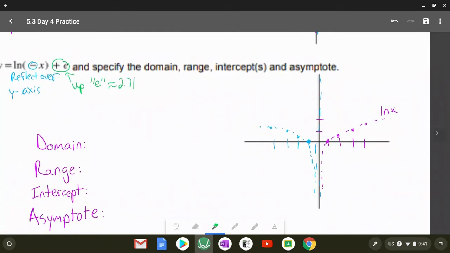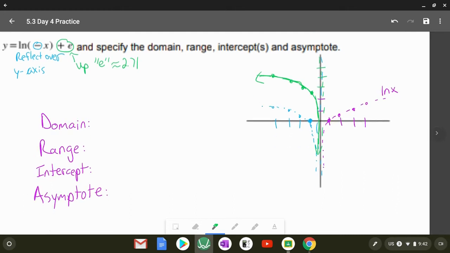So I'm going to take each coordinate here and go up 2.71. And again, for these, since we're graphing by transformation, just do the best you can. It's not going to be a precise graph because we're dealing with some interesting numbers, but get it as close as you possibly can. And that green one is our final graph.